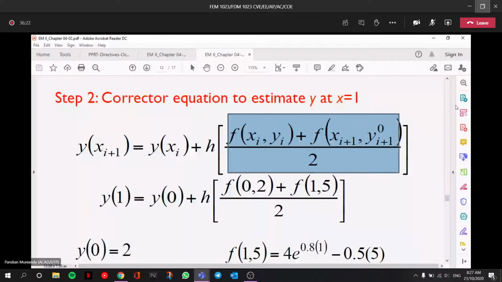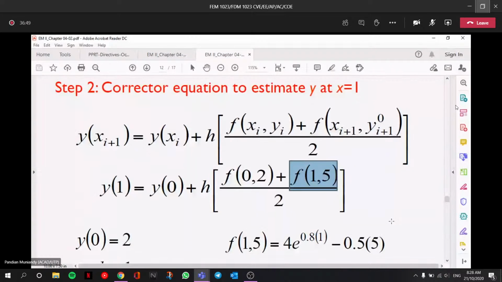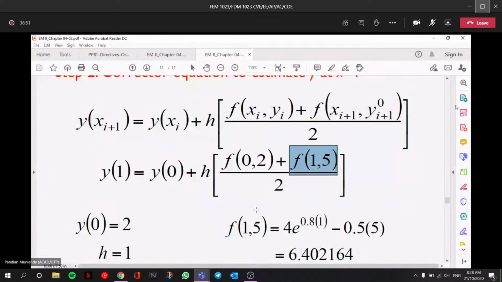This is called averaged. This is (xi, yi). This is (0, 2), the initial x. You started with x0, y at x0 is 2, given. Now the next x is 1. The y0 that you found just now is 5. So this f(1,5) is not yet found, so you have to calculate this one.